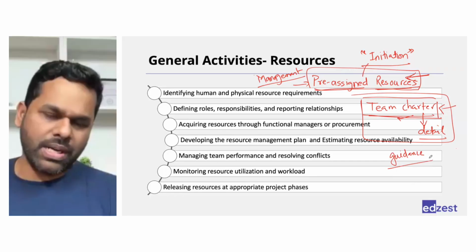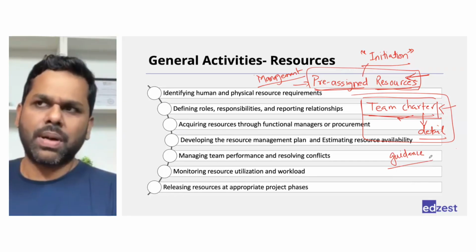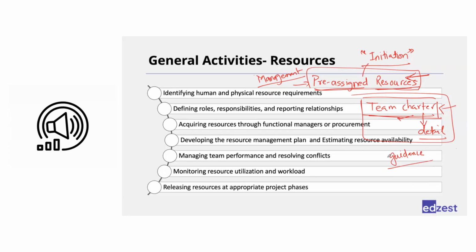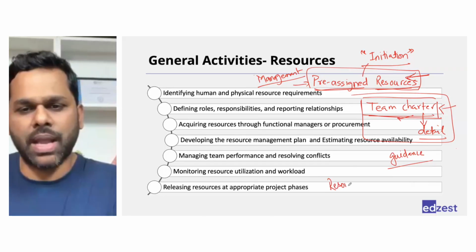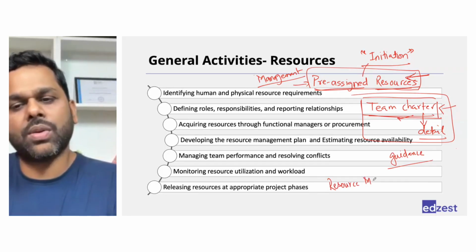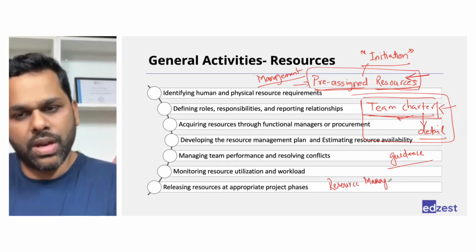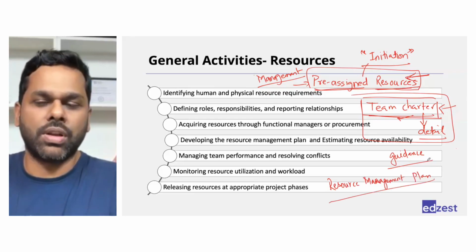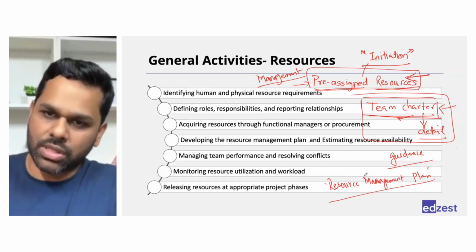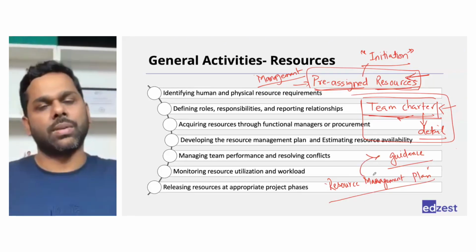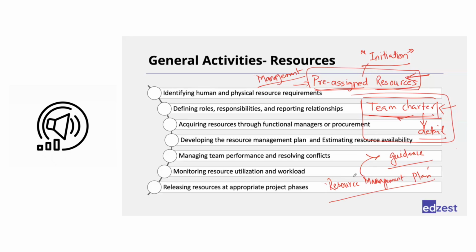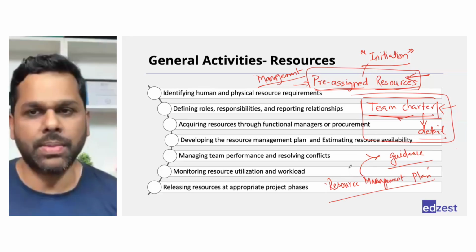These are all planning documents, with complete detail about the team members, and a lot of other information as well. Okay, got it. So either the team charter, or you will see something called the resource management plan that you can also refer to. Whenever you see that some issue has happened with respect to the team members, you can refer to the resource management plan. This also provides you guidance on what is supposed to be done. Okay, got it. Thank you. Yeah, Shilpa, your question, please.